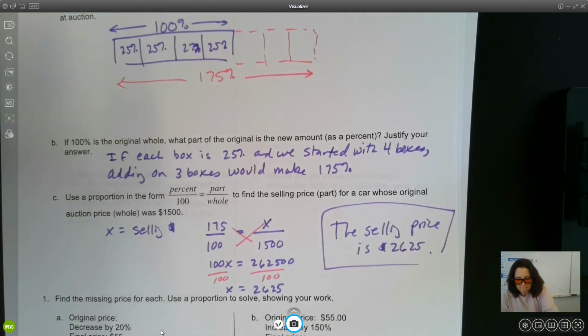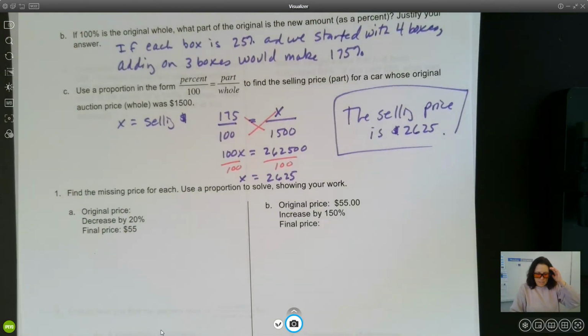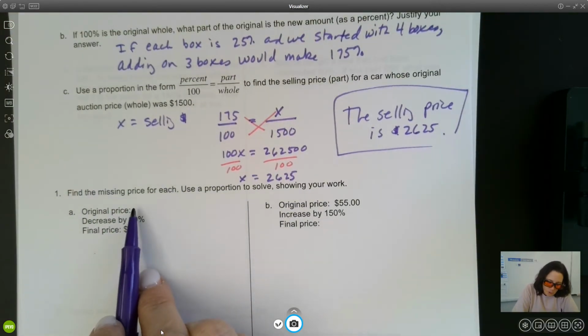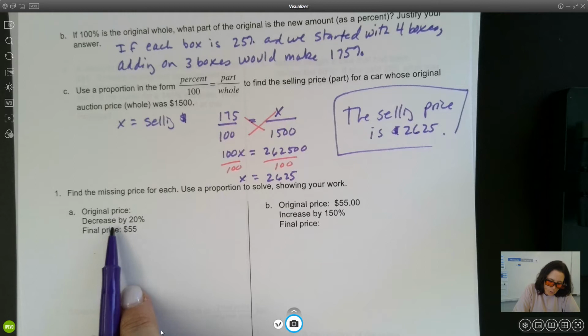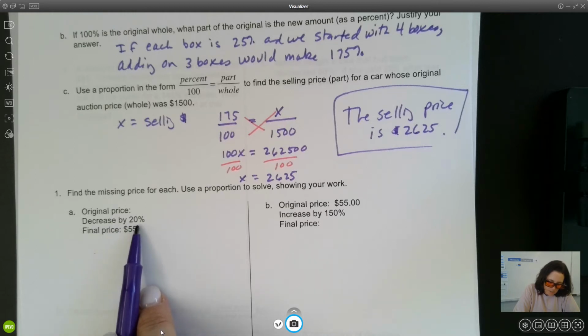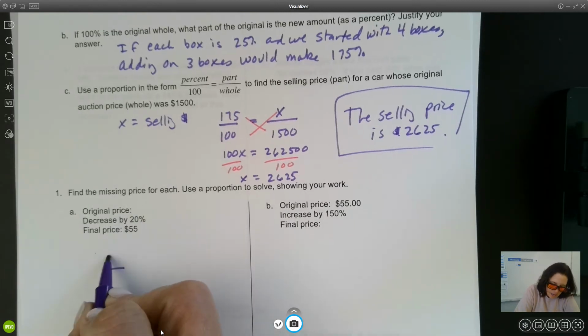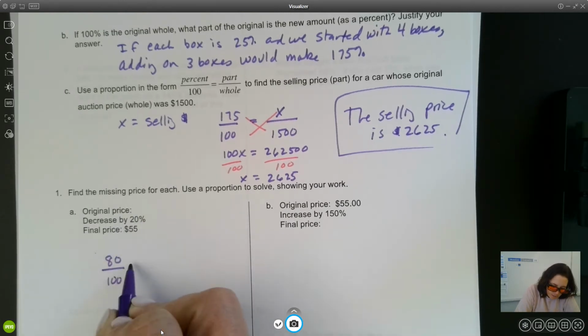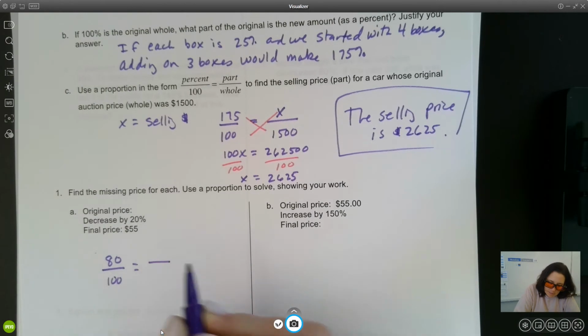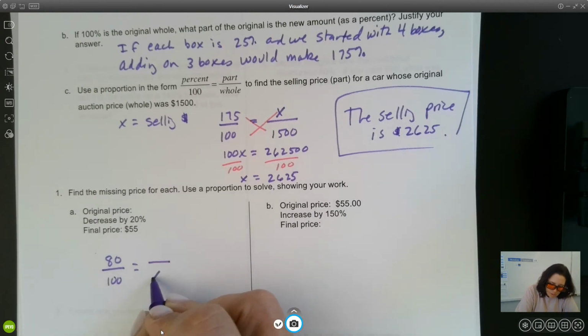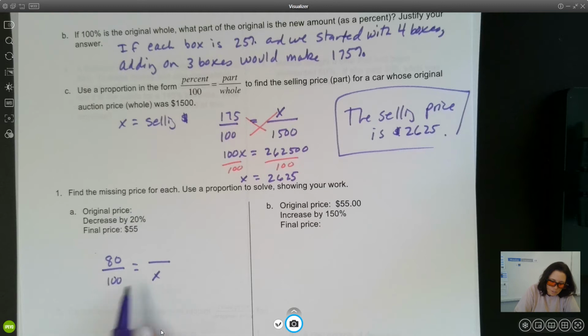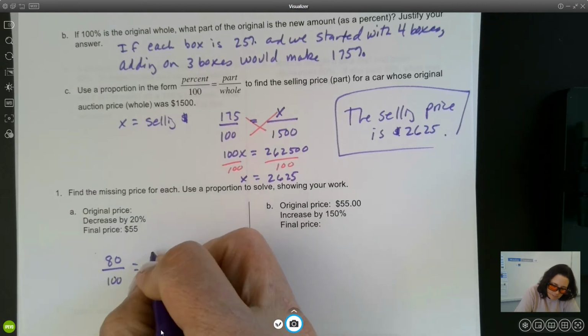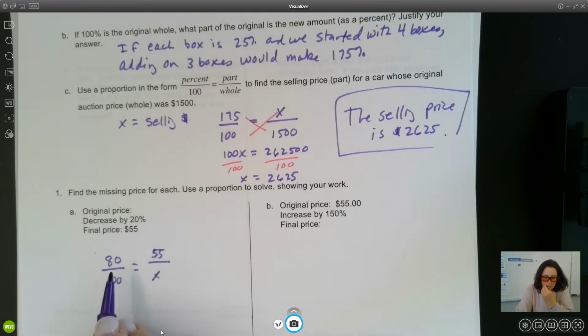All right, this one down here, we're looking for an original price. We have a decrease of 20%. So 100% minus 20% would be 80 over 100. Now the original price is going to be down here with the 100, and the final price is up here with the 80%.